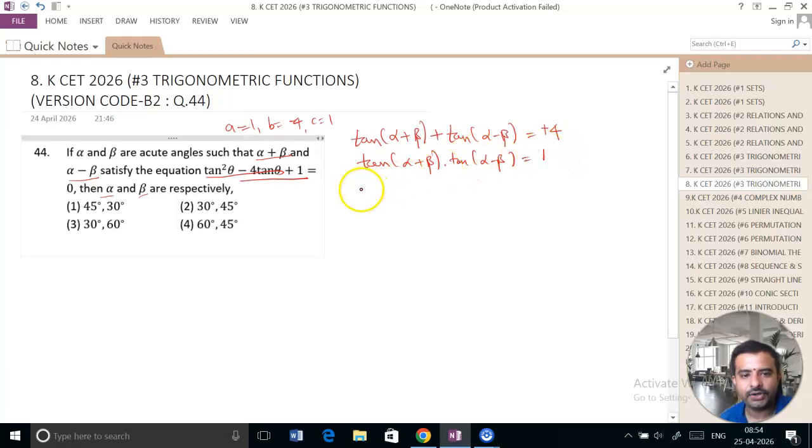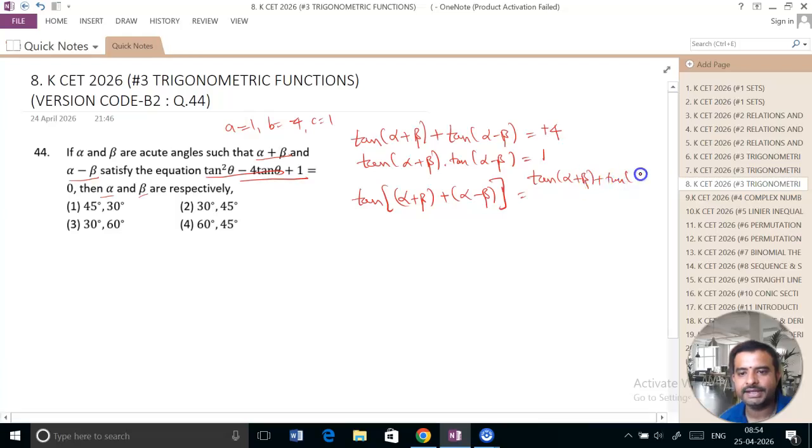And if you consider the tan of a plus b formula, in place of a take alpha plus beta, and in place of b take alpha minus beta. Tan of a plus b is equal to tan a plus tan b divided by 1 minus tan a into tan b, that is tan of alpha plus beta plus tan of alpha minus beta divided by 1 minus tan of alpha plus beta into tan of alpha minus beta.